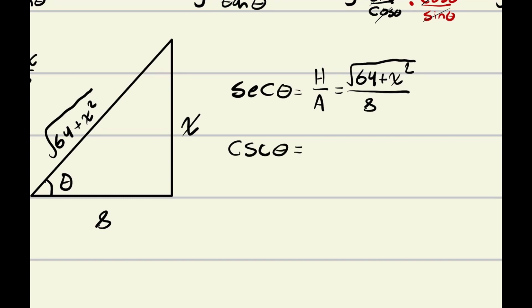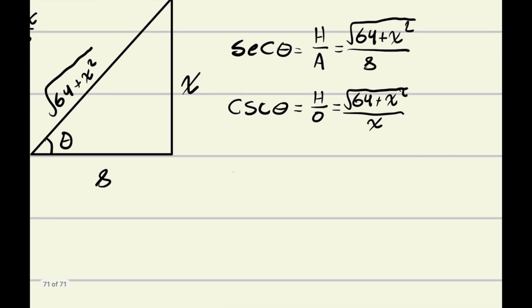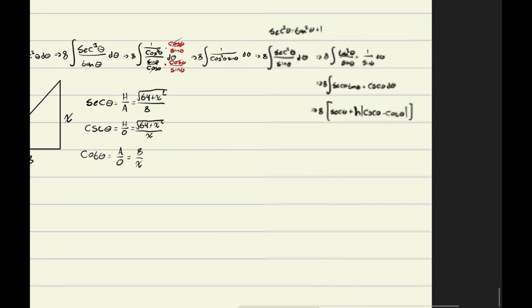Cosecant of theta is equal to hypotenuse over opposite, which is equal to the square root of 64 plus x squared over x, and cotangent of theta is equal to adjacent over opposite, which is 8 over x.